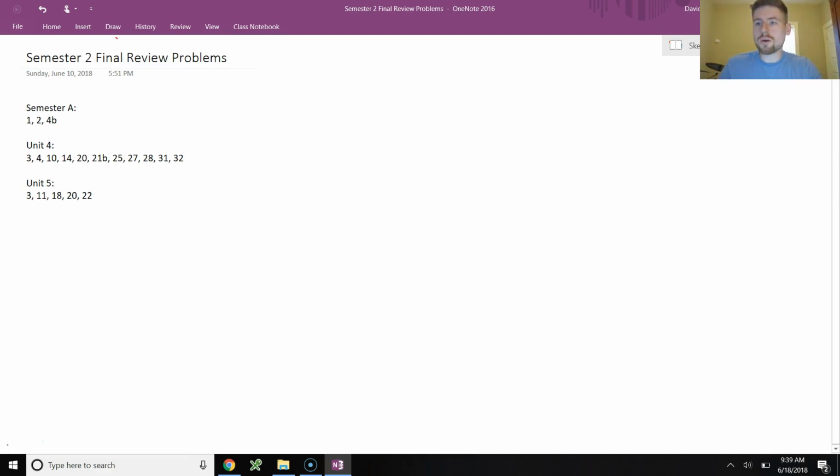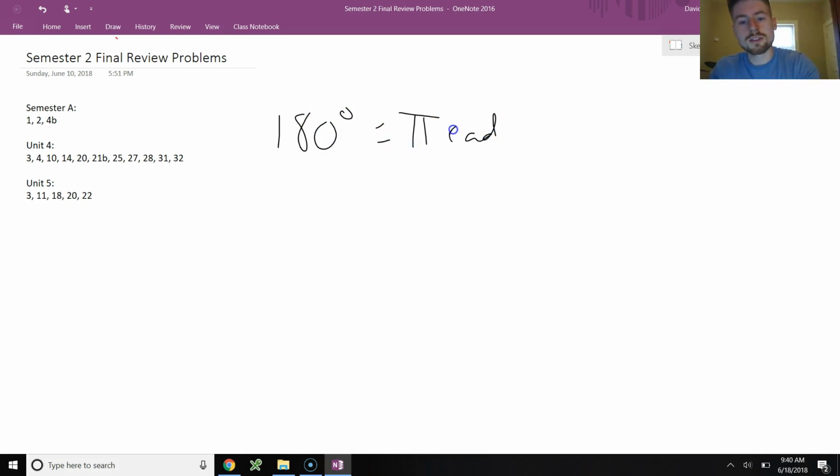Okay, so someone asked about question 4, which is just converting to radians. Oddly, they didn't ask for question 6, which is converting to degrees. So I'll just give you the formula that converts back and forth between the two. You have this equality, 180 degrees equals pi radians. That is the conversion factor.